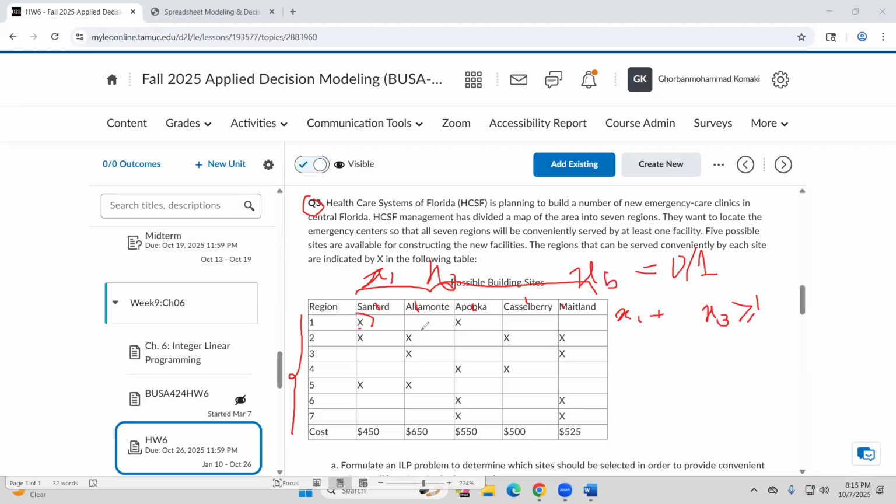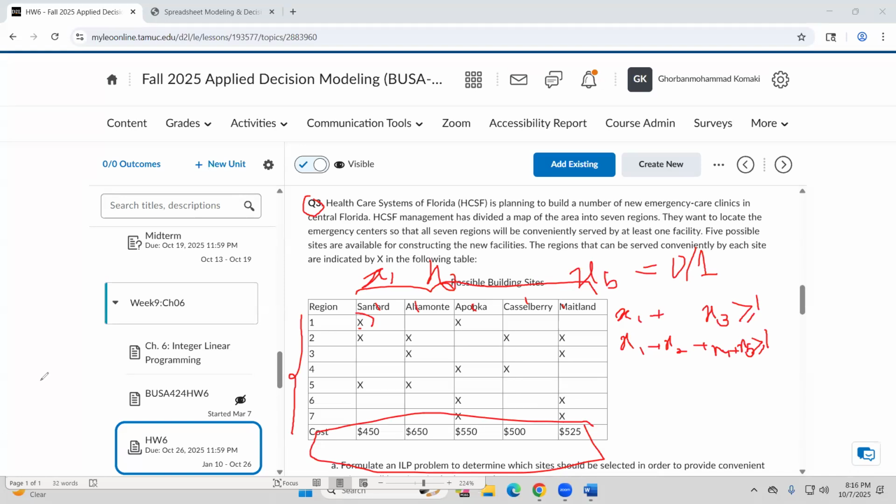The same thing for region 2, so it's going to be x1 plus x2 plus x4 and x5, greater or equal 1. So you want to cover each and every region by one of these sites, okay? And the objective function is minimizing the cost of it, okay? Makes sense? And xi's are binary, right? Either you build it or you don't.